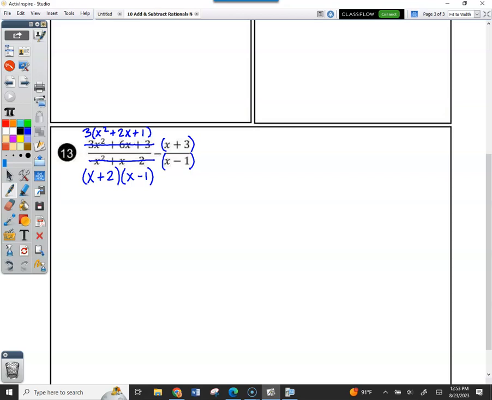We would factor in the top. You don't have to, though. You can. Here's one problem. If I say factor this completely, I would need to see the 3. See how mine shows the 3? If the directions just say solve, it was an equation and you were solving, 3 doesn't matter.